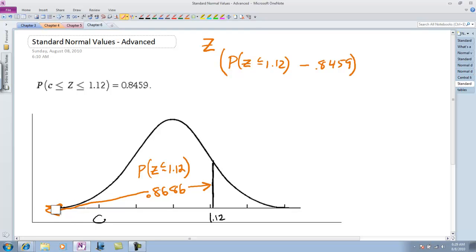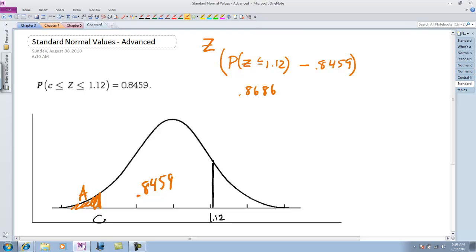So let me do a little erasing here and show you how this makes sense. Okay, so I now know this is 0.8686. Well, here's C. This is 0.8459. Now, isn't it true that whatever this is over here, let's call it A plus B, which is 0.8459, has to add up to this. So 0.8686 equals A plus B. But B is 0.8459.